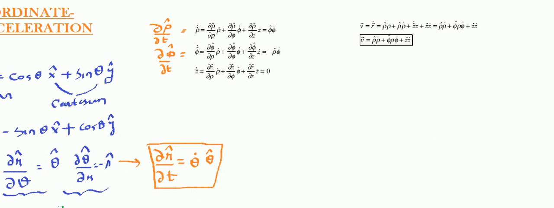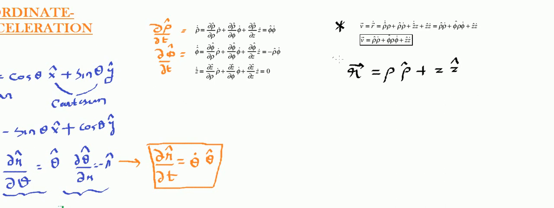Now let us quickly look at velocity. This is the expression for velocity. To calculate velocity, what we have to do is take the derivative of r. So let us write r. The r vector can be written as rho rho cap plus z z cap.